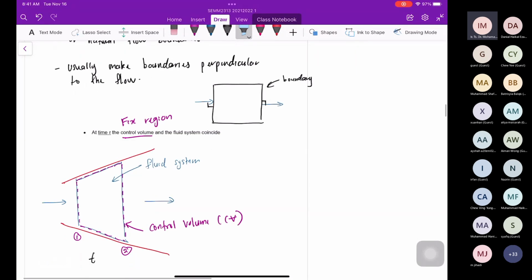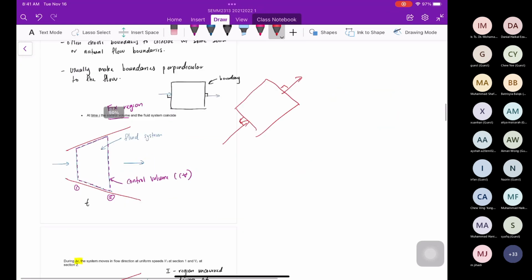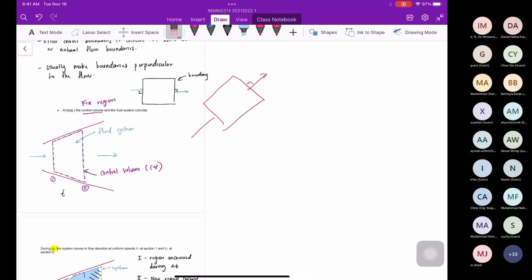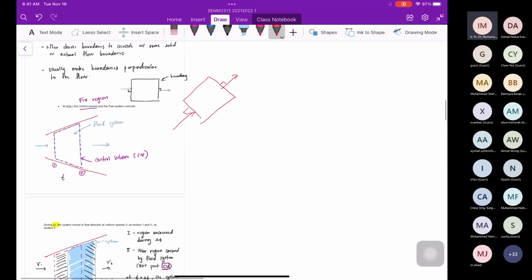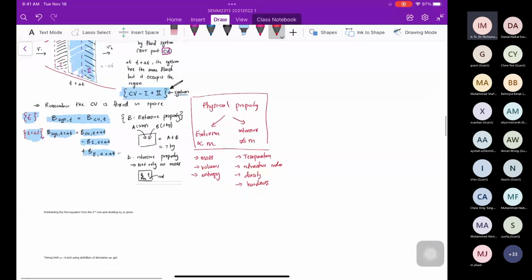For example, if the flow is like this, the control volume should be like this. Later on, we will have an example, you can see how you decide the control volume.